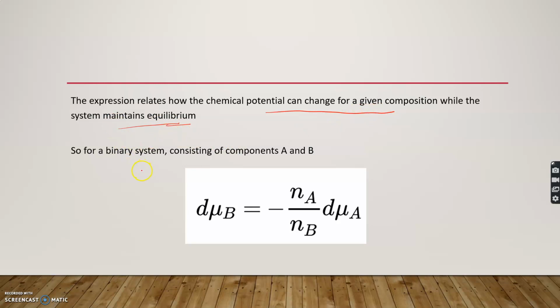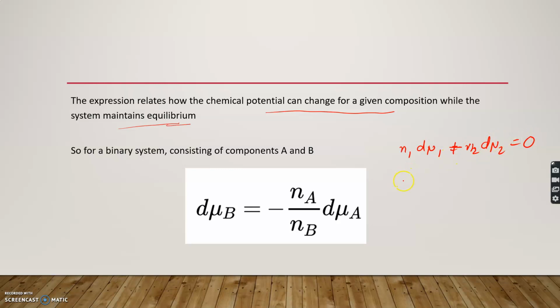Now, for a binary system, how can we rewrite this equation? We already know n1 d mu1 plus n2 d mu2 equals 0.